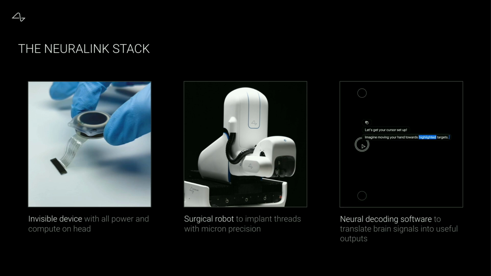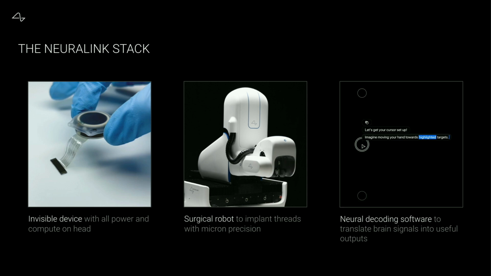Those threads are extremely thin, much smaller than a human hair, extremely flexible, and can be inserted into the brain with minimal invasiveness. These threads have electrodes on them that can sense brain activity. As neurons activate, we have signals going up these threads into the chip.